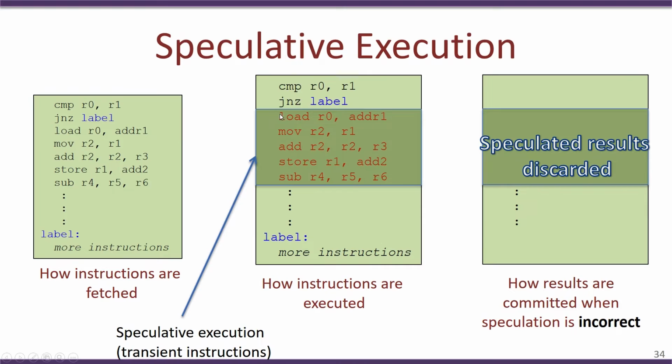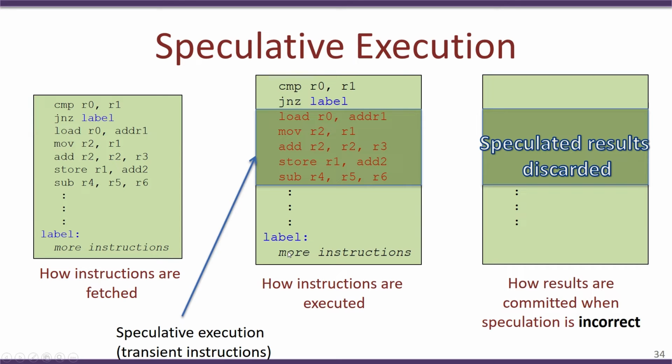So in this condition, since the instructions following have been speculatively executed, the processor would realize that in fact this speculation was wrong, and these instructions were actually not to be executed. As a result, the speculated results are discarded and execution continues from the instructions following the label.